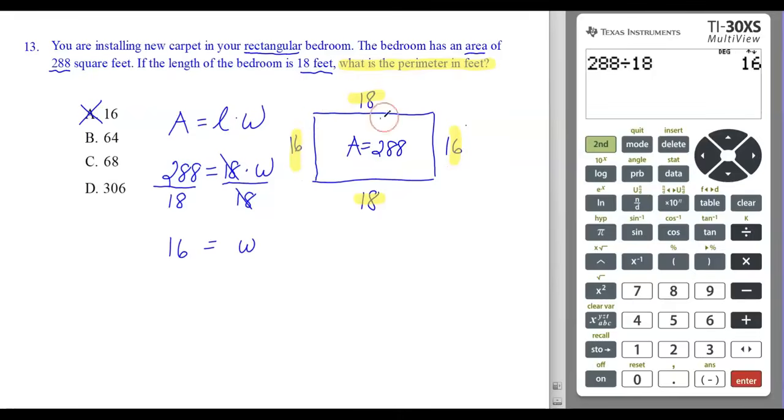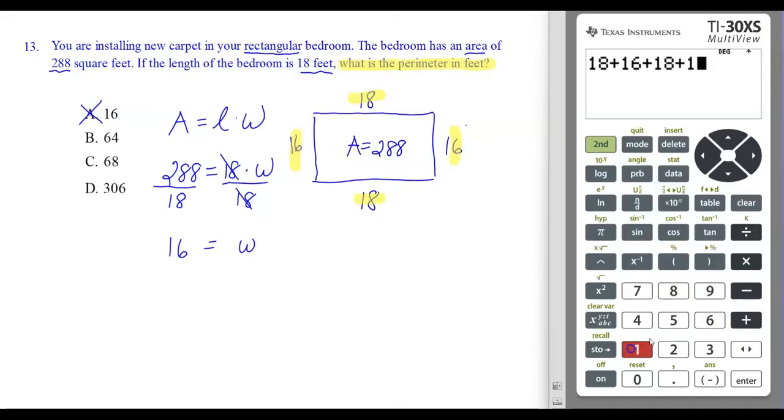So 18, let me clear this out so it's easier to read. 18 plus 16 plus 18 plus 16, which is 68, which matches up with C.